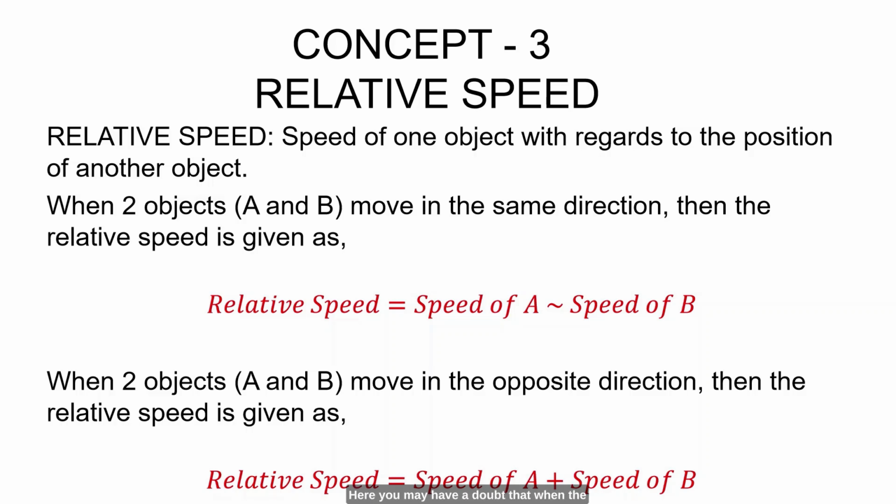Here, you may have a doubt as to why, when the objects move in the same direction, we are subtracting the speeds, and when they move in the opposite direction, why we are adding the speeds. This refers to the theory of relativity. In physics, the theory of relativity states that when two objects approach each other, their distance decreases.